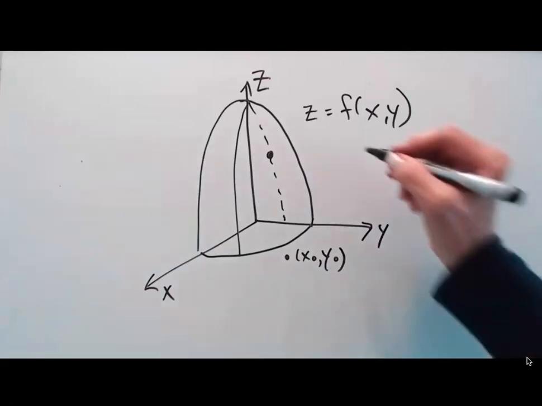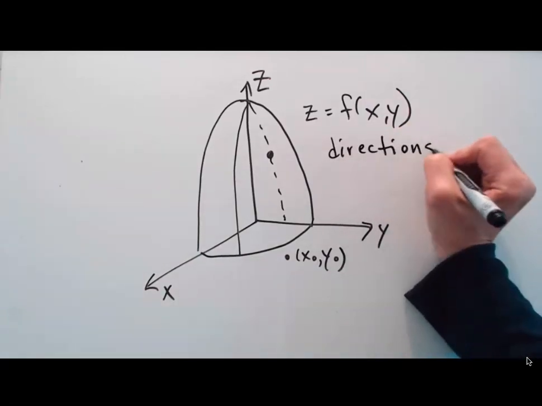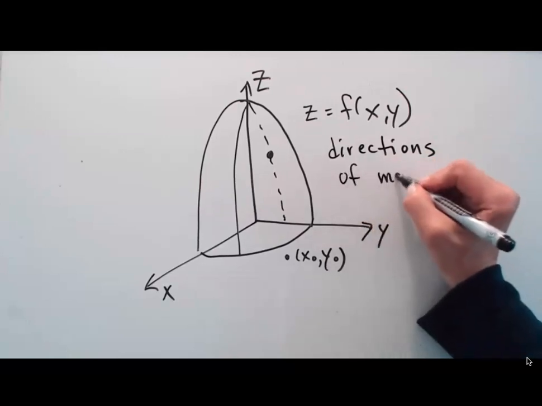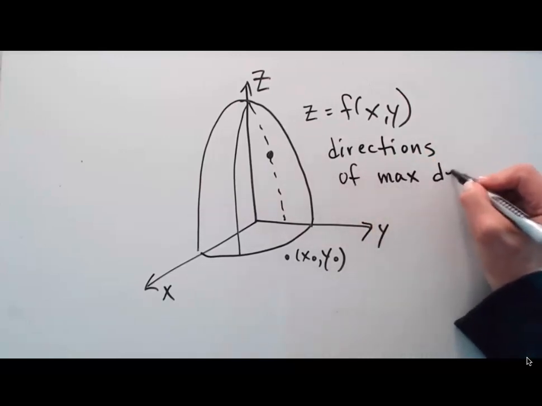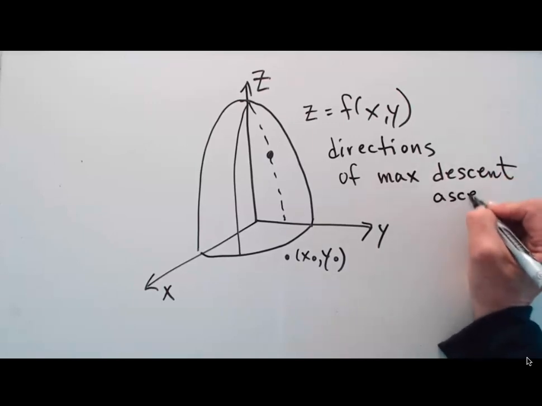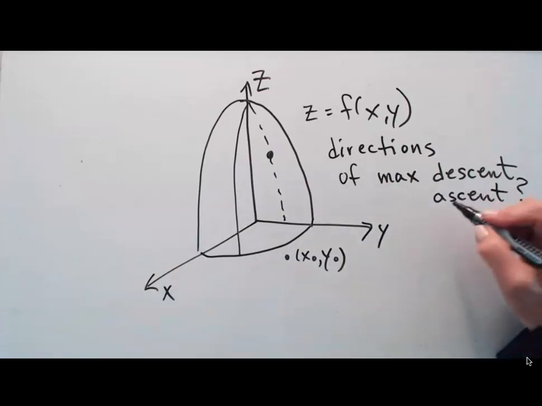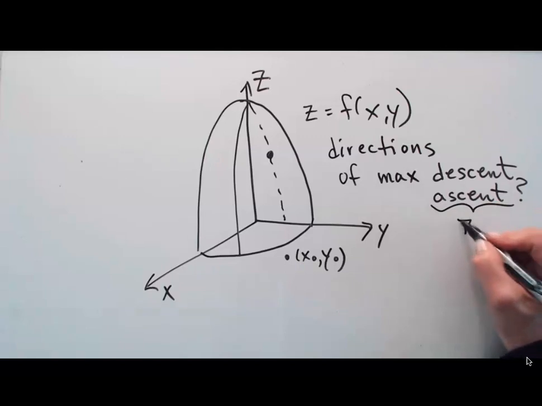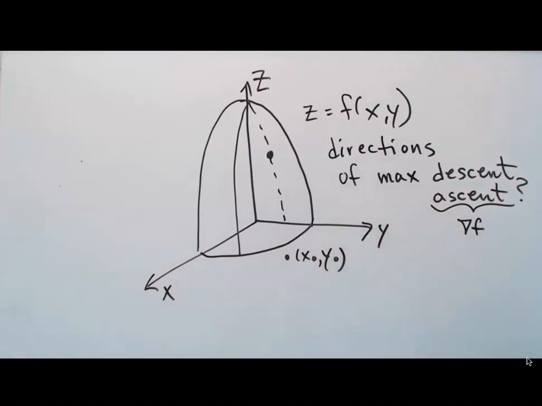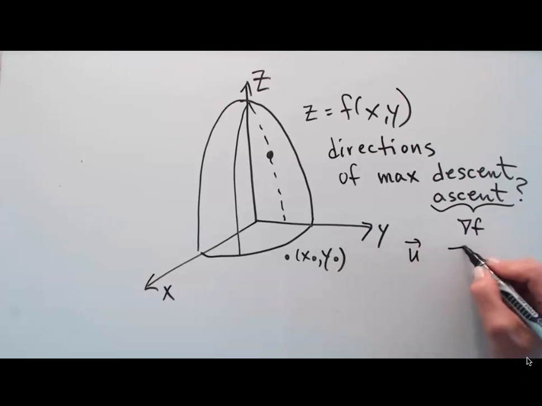Said another way, what are the directions of maximum descent and ascent? Okay. Well, we know that the direction of maximum ascent is going to be in the direction of the gradient. In other words, when u and the gradient are in the same direction.